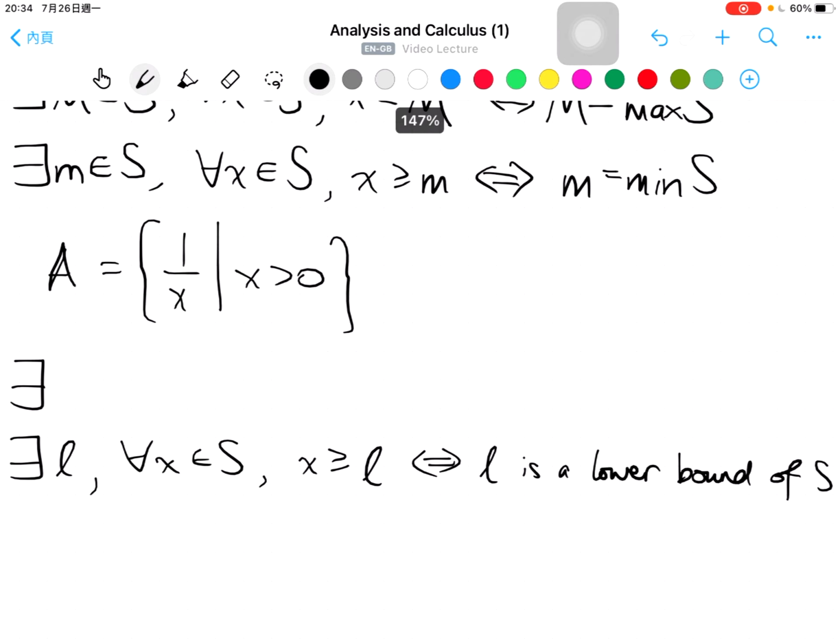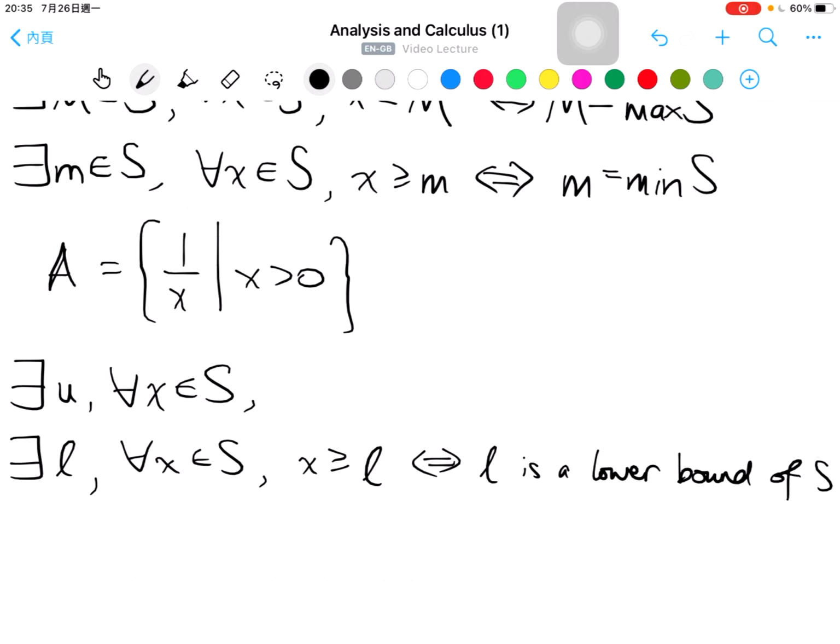Right? Intuitive. If you have a number so that everything in the set is larger than or equal to that number, the number is then going to be called a lower bound, right? Then similarly, we can get the definition for an upper bound. Say it's U. Then nothing in the set is larger than the upper bound, right? If it's an upper bound, it's something that's going to fix the set inside the region.